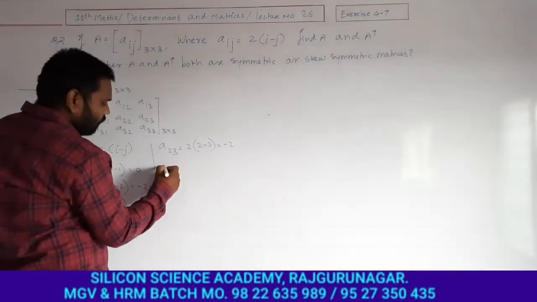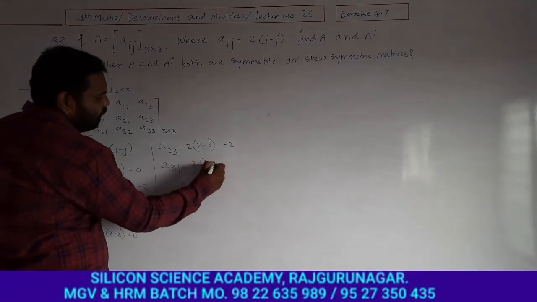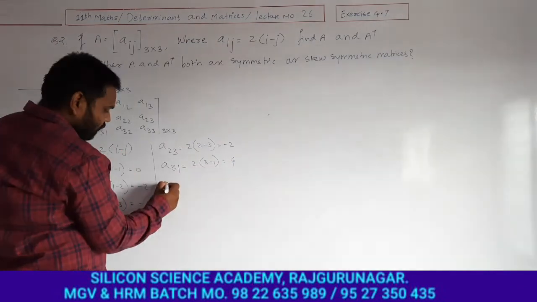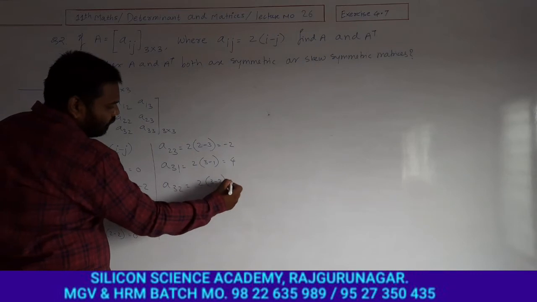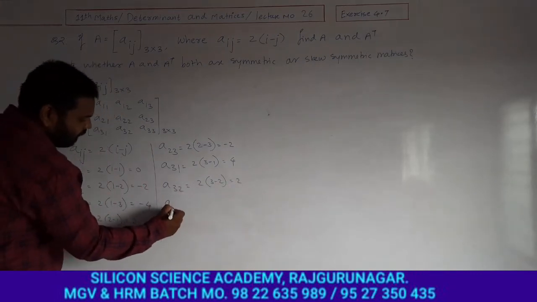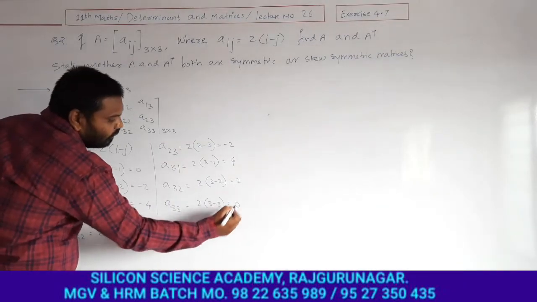That is minus 2. What is A31? That is 2 into 3 minus 1, that is 4. What is A32? That is 2 into 3 minus 2, that is 2. What is A33? 2 into 3 minus 3, that is equal to 0.